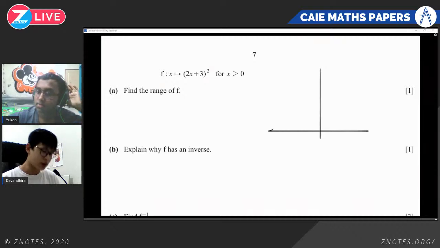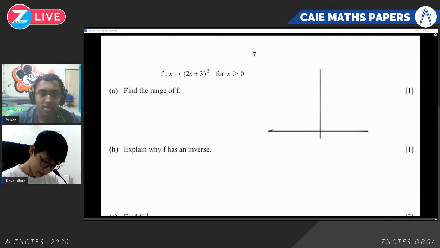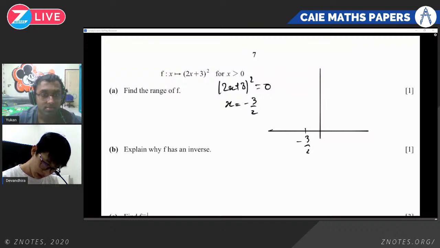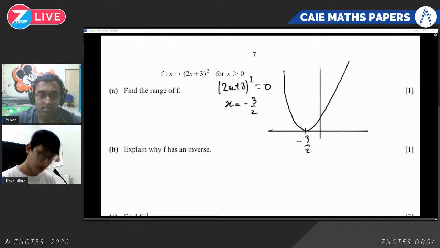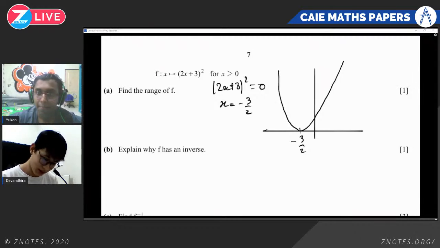When will the graph touch 0 here? It would touch 0 if you equate it to 0. You would get negative 3 over 2, or just negative 1.5. So negative 3 over 2 is somewhere here, and the graph would look like this. Do you agree? Yep. Okay.